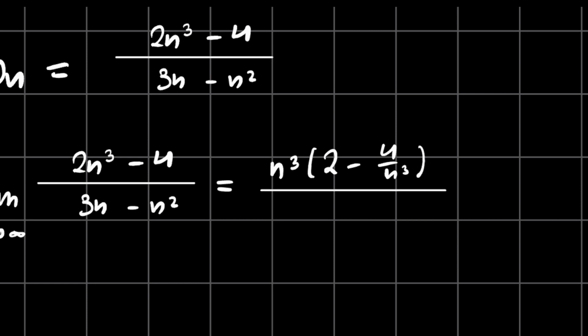Then we do here, and here's going to be 3n. That means that we have 3n squared, I think. No, 3 over n. Yeah. And then we have minus 1, right? This cancels out.